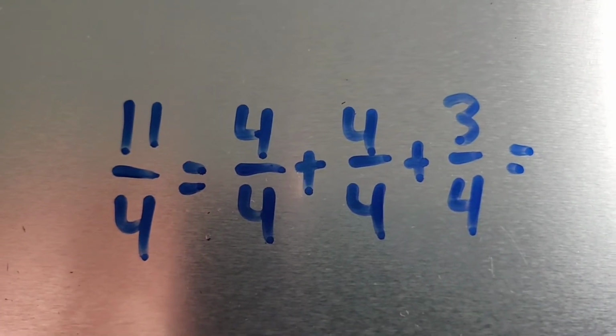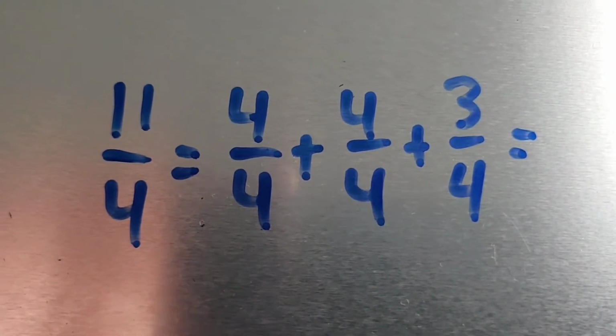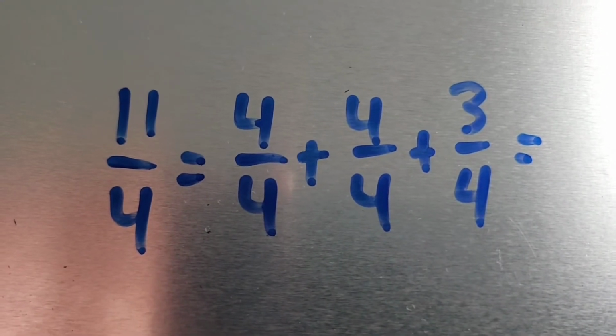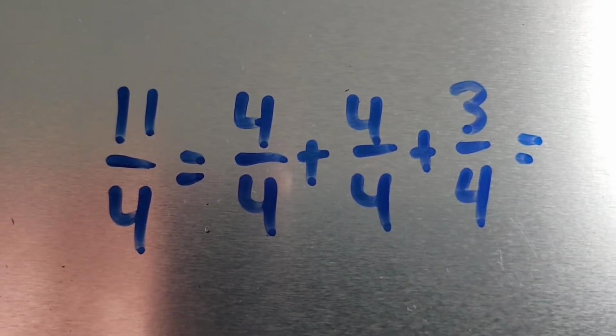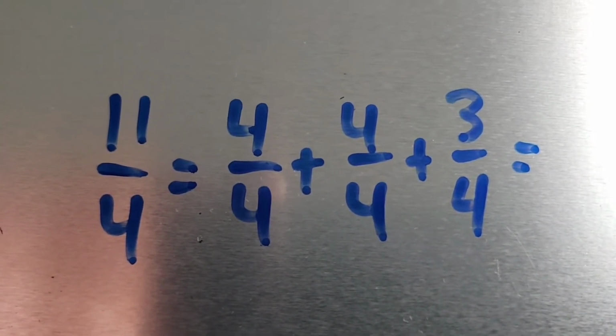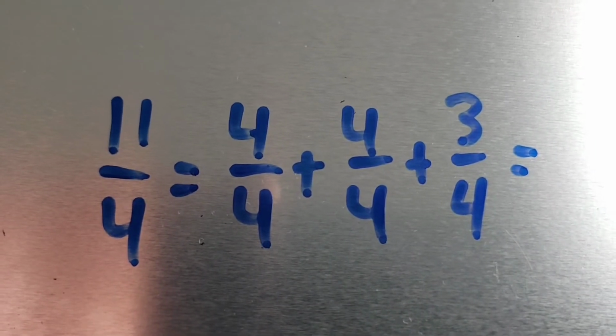So since 11 fourths is an improper fraction, the numerator is greater than the denominator, I'm going to decompose as many wholes as I can out of that. And I was able to get 4 fourths plus 4 fourths is 8 fourths, but I couldn't get another whole, which would have been 4 fourths, 12 fourths, because 11 fourths does not equal 12 fourths.